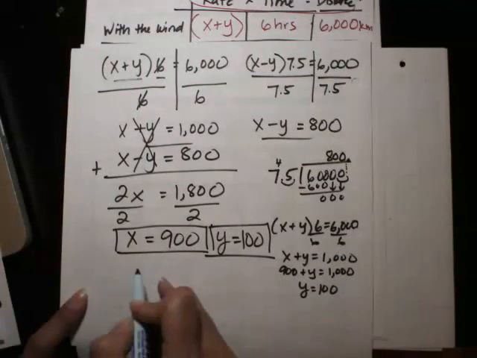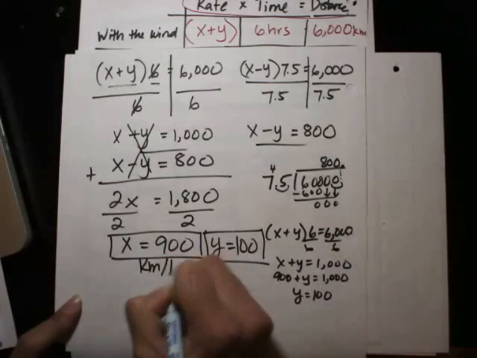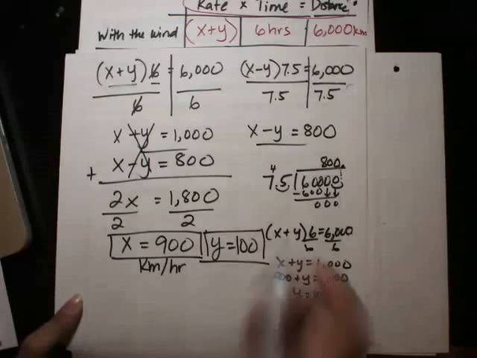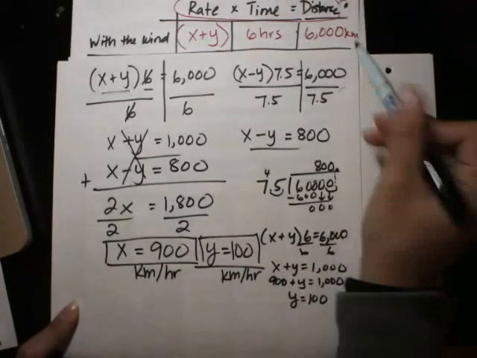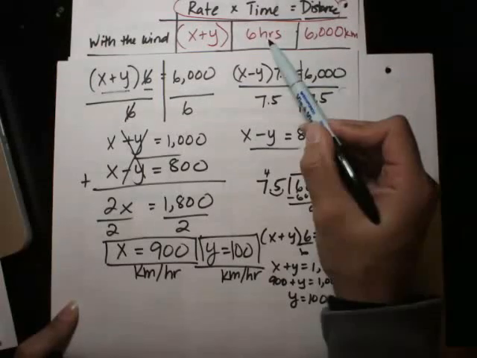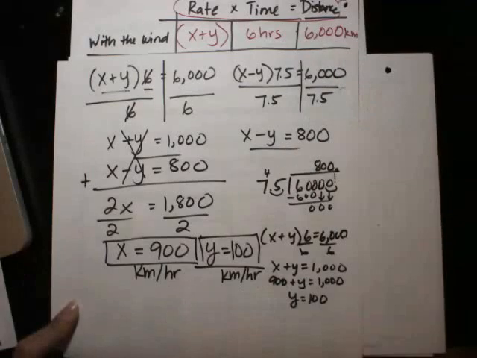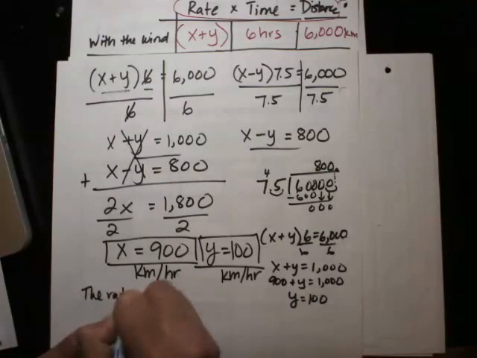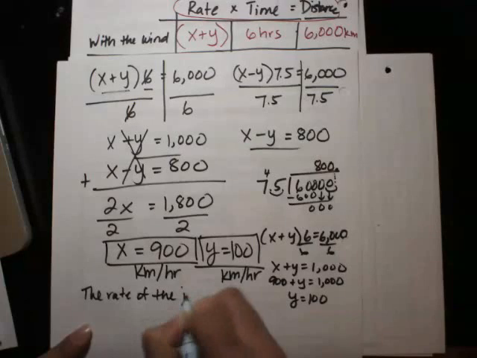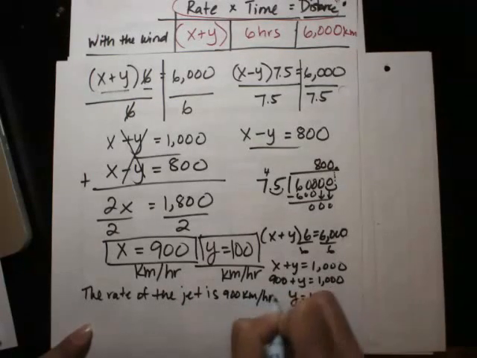Okay, we're looking at 900 and it's kilometers per hour. Okay, y also is kilometers per hour because look at our distance, it's in kilometers, time is in hours. To get the rate, you're dividing, so kilometers divided by hours, kilometers per hour.